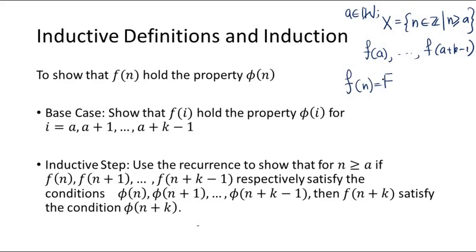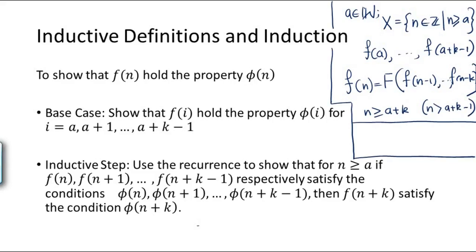So it uses f(n-1) all the way up to f(n-k). Here n must be greater than or equal to a+k, because this recursive formula is valid only if n is greater than these k base cases. So that means n must be greater than a+k-1, which is the same as saying n is greater than or equal to a+k, because n is an integer.